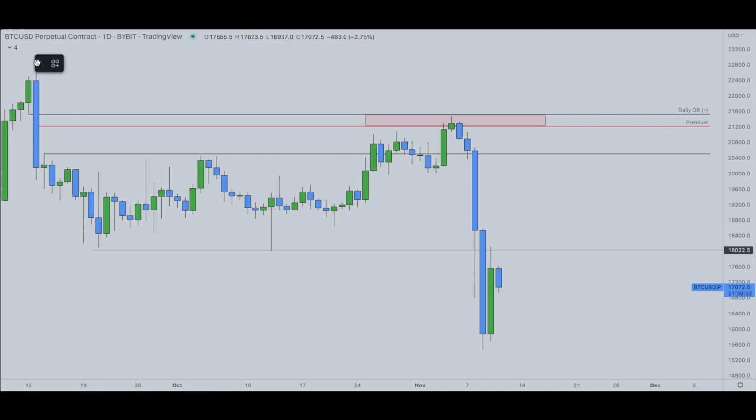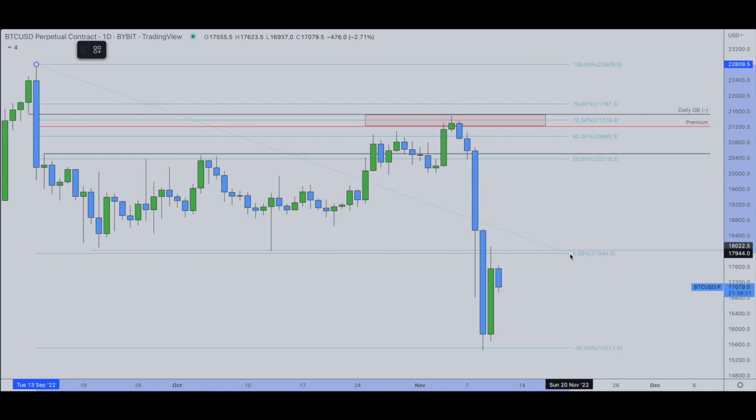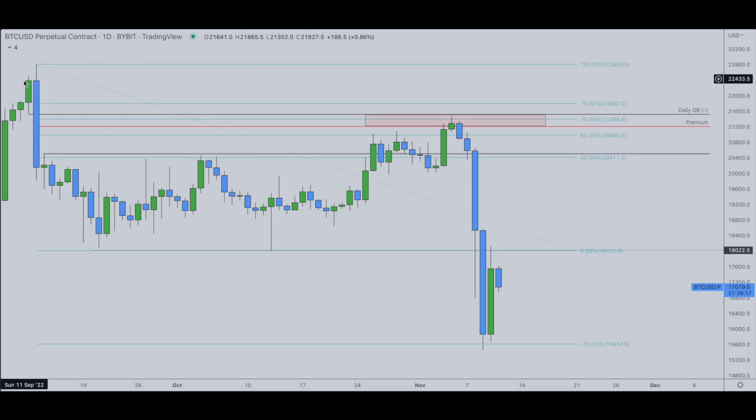This will make everything a lot easier. If you are able to anchor, let's say we anchor the Fibonacci from this candle's high down to this candle's low, we extend that out. This would be our daily dealing range, meaning we are trading inside of this candle's high and inside of this candle's low.